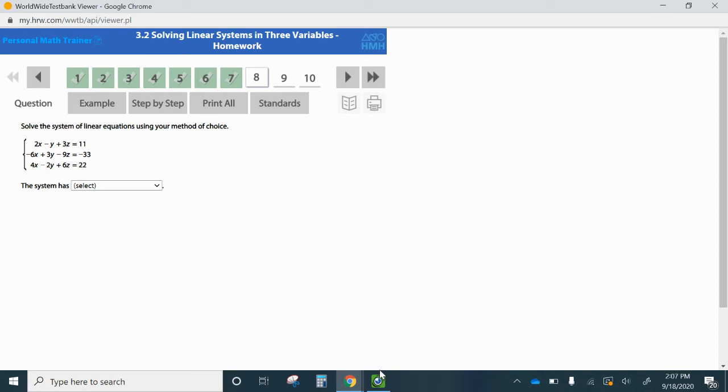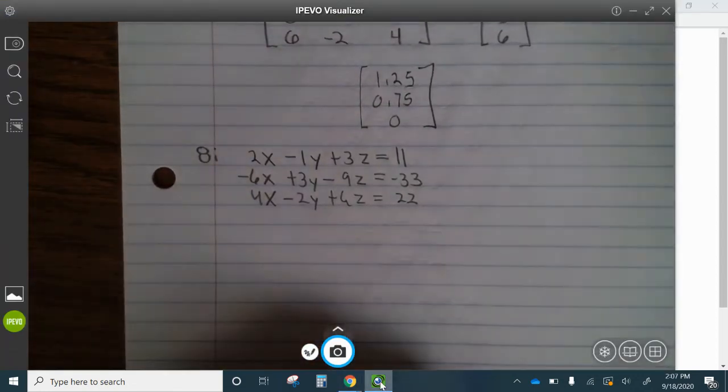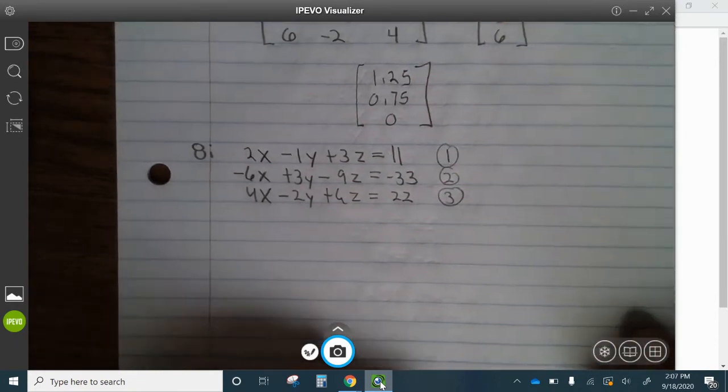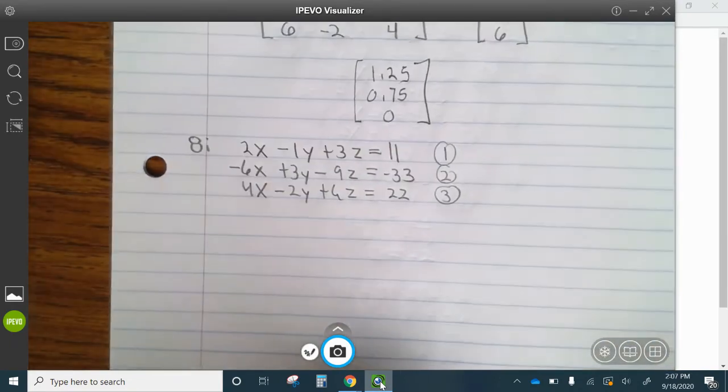Now, take equations 1, 2, and 3. All right, so if I multiply equation 1 by 3, I think the x, y, and z will cancel. So let's take a look. So multiply equation 1 by 3. So that's 6x minus 3y plus 9z equals 33. Okay, that's equation 1 times 3.